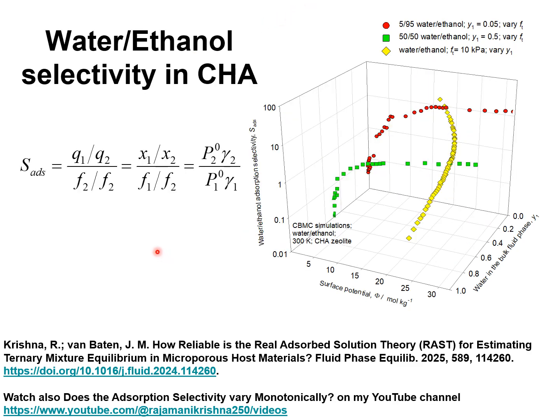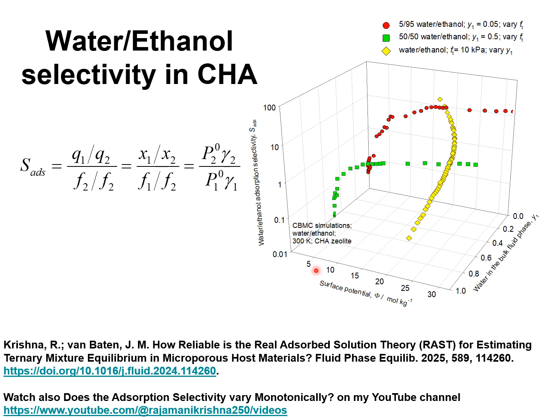For the 3 different CBMC data sets for water-ethanol mixture adsorption in CHA, I plot the water-ethanol adsorption selectivity as a function of the surface potential and the mole fraction of water in the bulk fluid phase mixture, y1. The 3 CBMC data sets are shown by the red circles, green squares, and yellow diamonds.